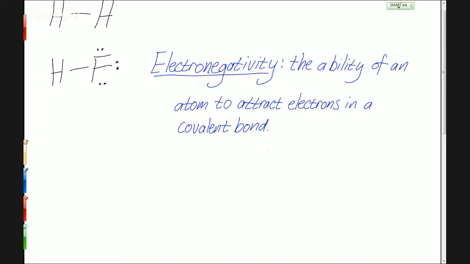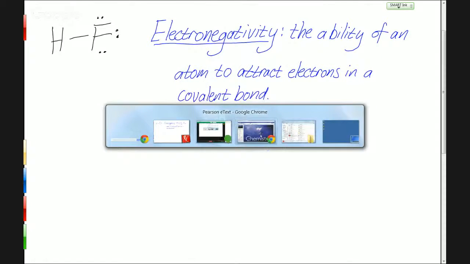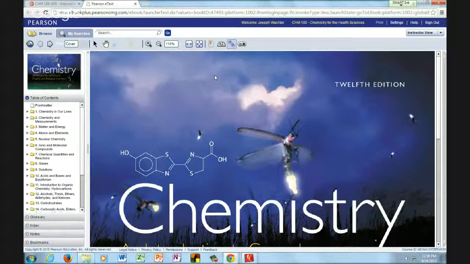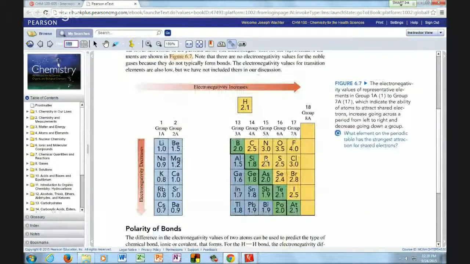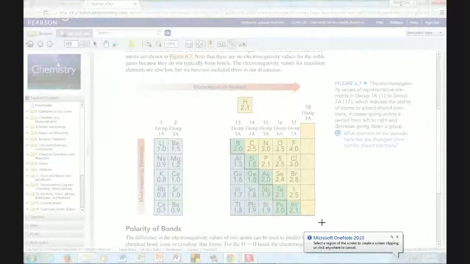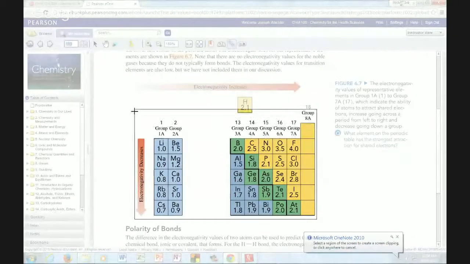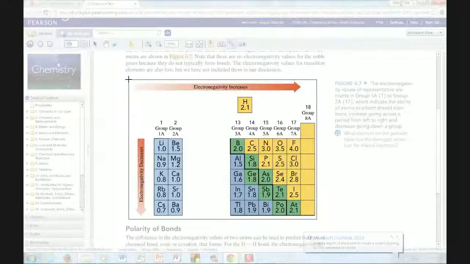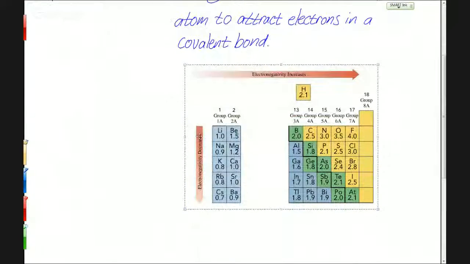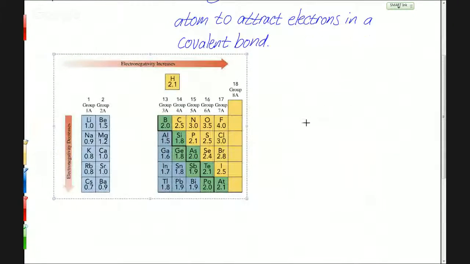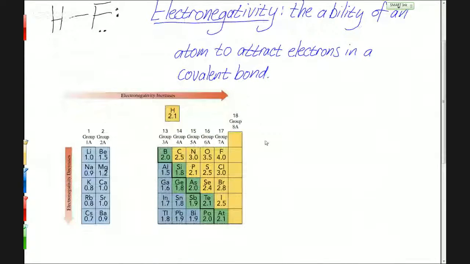So let's look at what those numbers actually look like. We'll pull a picture from the book because it's a convenient table. It's on page 189. So here's a table of electronegativities of some elements.